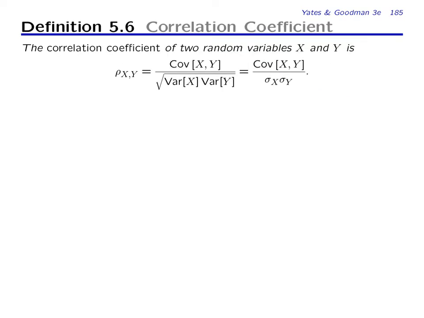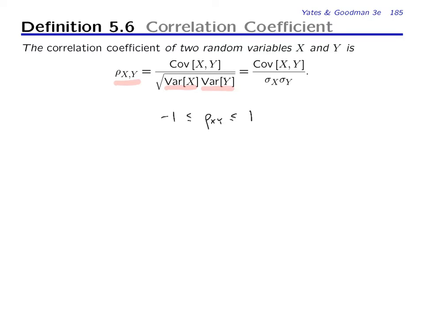Next, recall that to understand covariance, whether it's high or low, it's useful to normalize the covariance by the square root of the variance of X times the variance of Y. And this quantity is called the correlation coefficient. And we learned in the previous class that rho is always between -1 and 1.